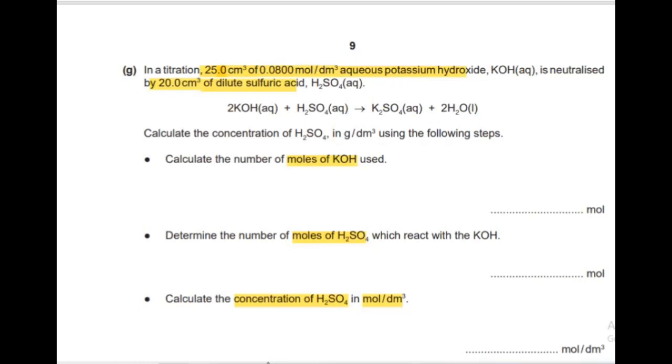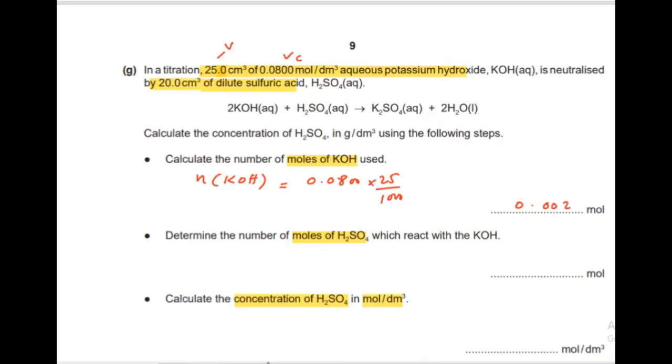Calculate the number of moles of potassium hydroxide. The concentration is there, the volume is there. So the formula is C times V by 1000, 0.0800 times 25 by 1000. If you multiply this, you will get 0.002.